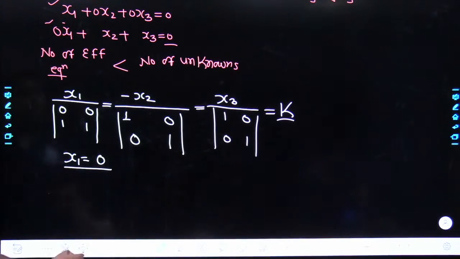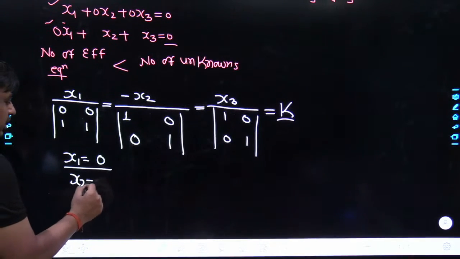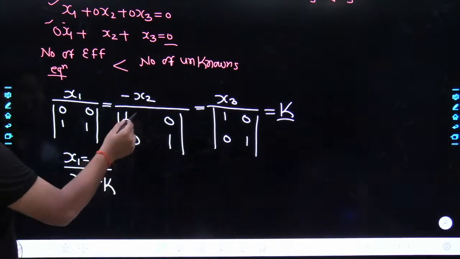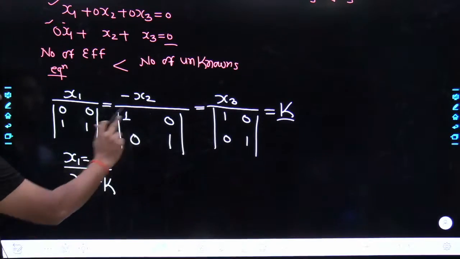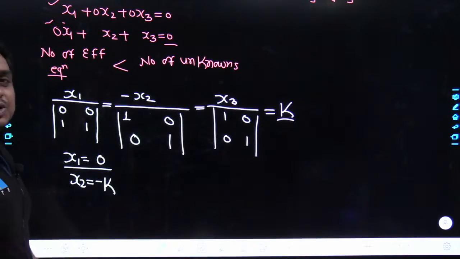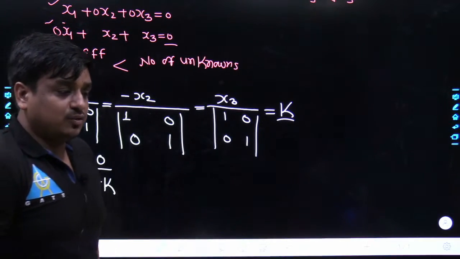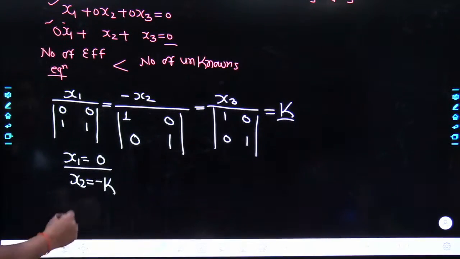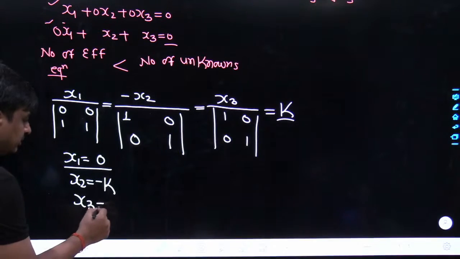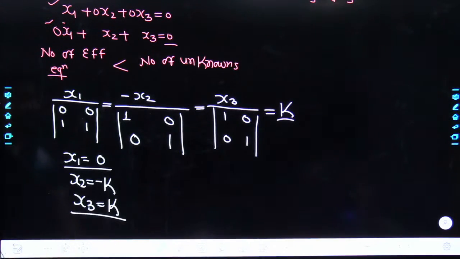Similarly, for x2, it's going to be minus of k. How? Minus of x2 divided by 1, 1 goes to the right hand side, 1 into k is k. Minus x2 is equal to k, so the value of x2 is minus k. And similarly, x3 is equal to k.